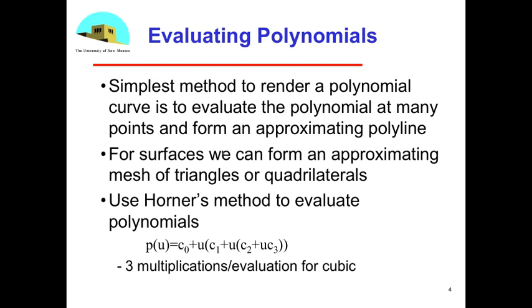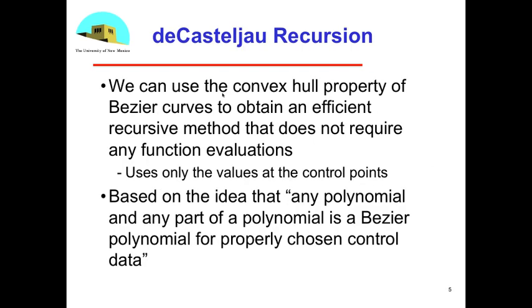You build up a table and use that table recursively to get the values. But that's not quite as general, and it's probably not done much in computer graphics, so let's not talk about it here. The most interesting method, I think, is called de Casteljau recursion, and there's actually an interesting story behind this.